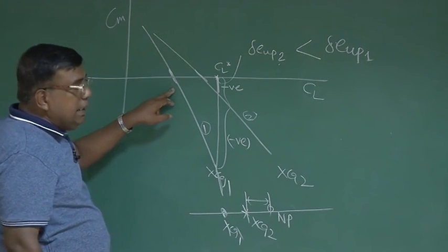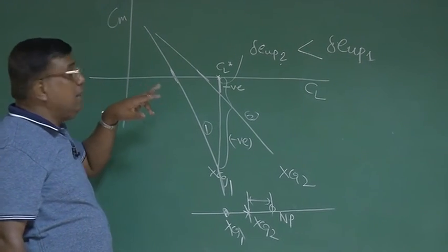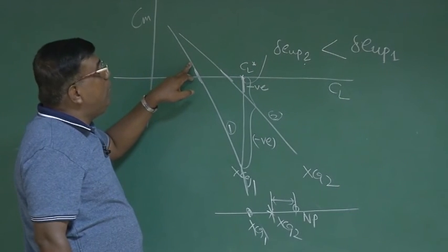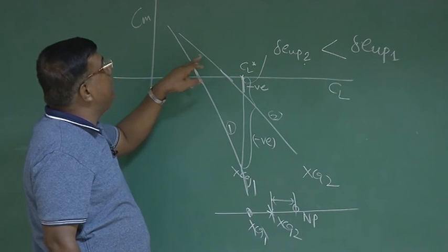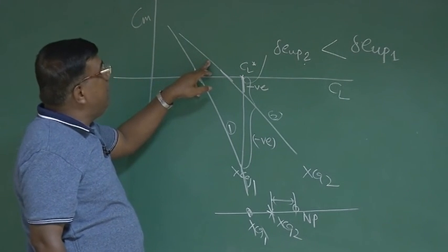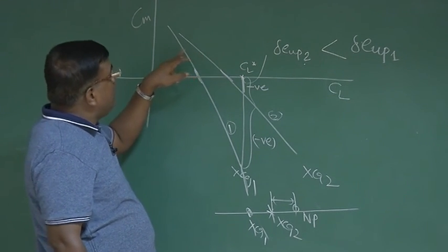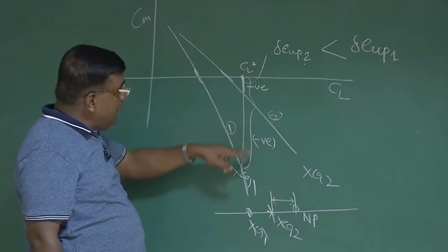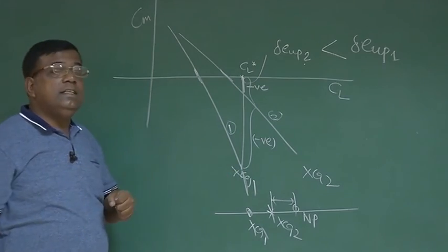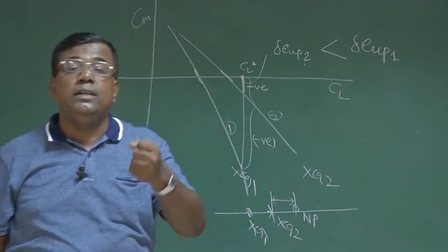If I see from the static stability point of view, please understand this concept. This aircraft has more static stability compared to this aircraft. That is why, because this has higher static stability, I need higher elevator deflection to change its state from one equilibrium to another equilibrium.